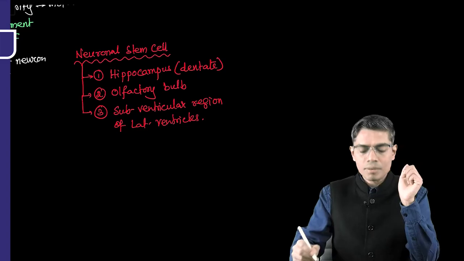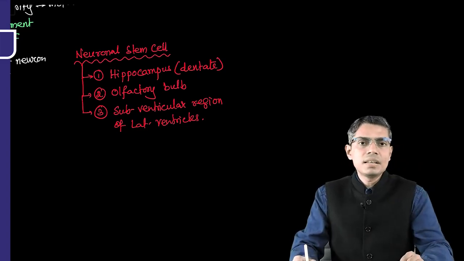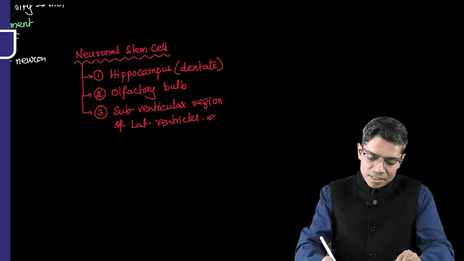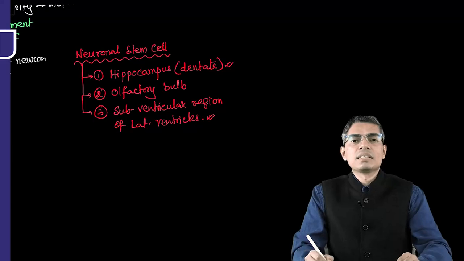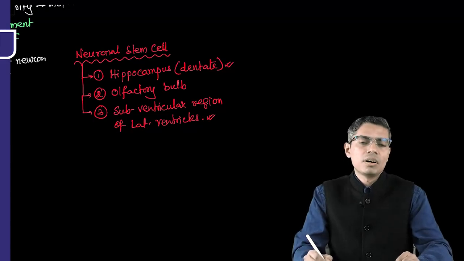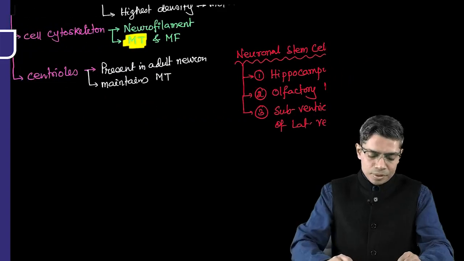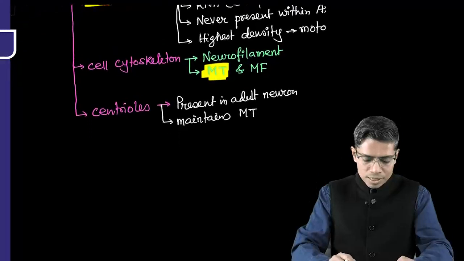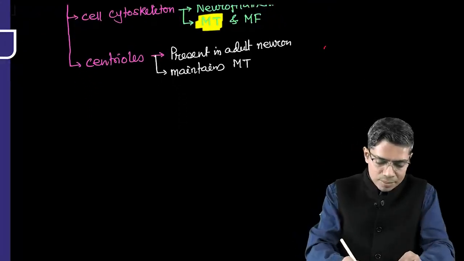Although the neuronal stem cells are rudimentary here, definite neuronal stem cells are located at the level of the hippocampus, followed by the olfactory bulb. So we are discussing the different specific points of the cell body or soma. We have discussed centrioles and the applied aspect of that.